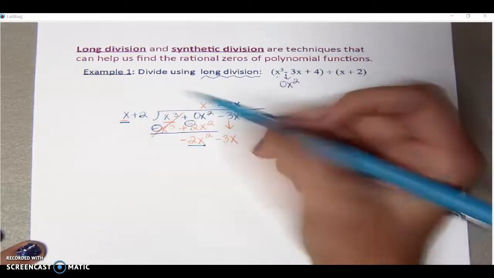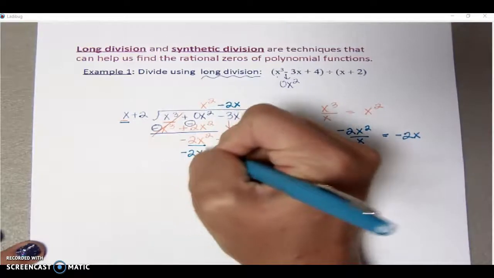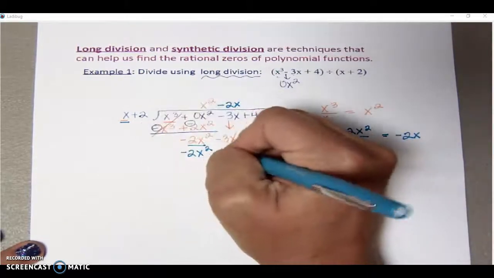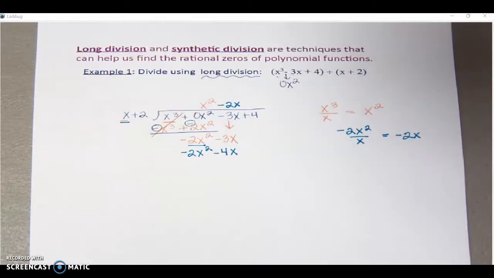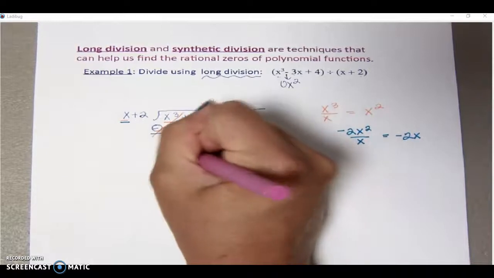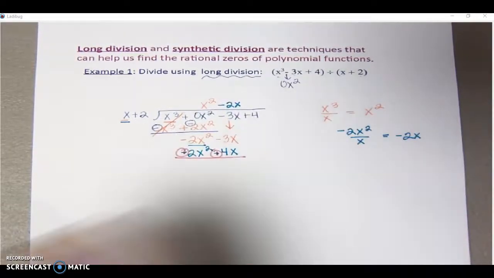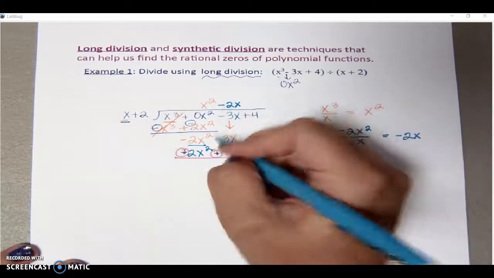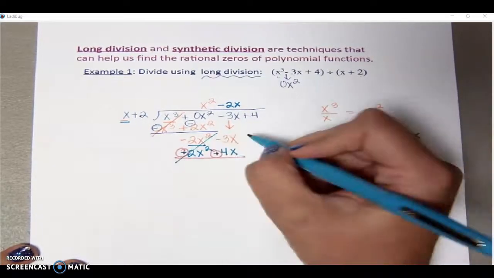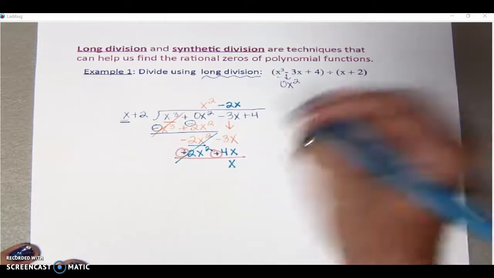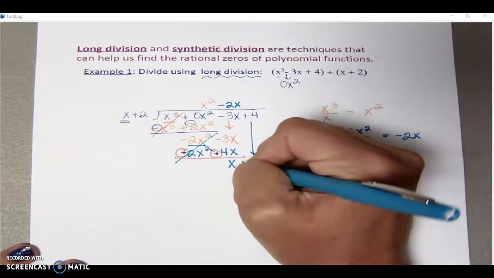Negative 2x times x will give us negative 2x squared. And negative 2x times 2 will give us negative 4x. So we're going to draw the line and change the signs. So negative 2x squared and positive 2x squared will cancel. Negative 3x plus 4x will give us x. And then we're going to bring down the next term.